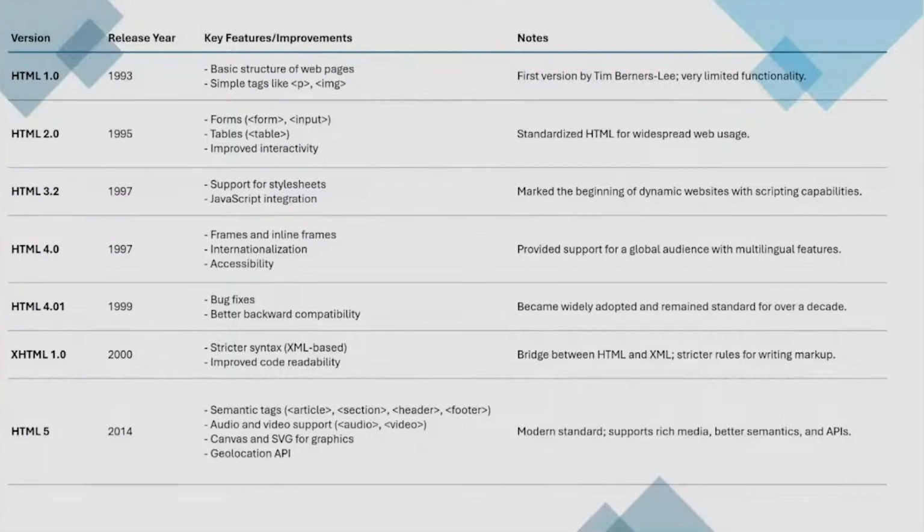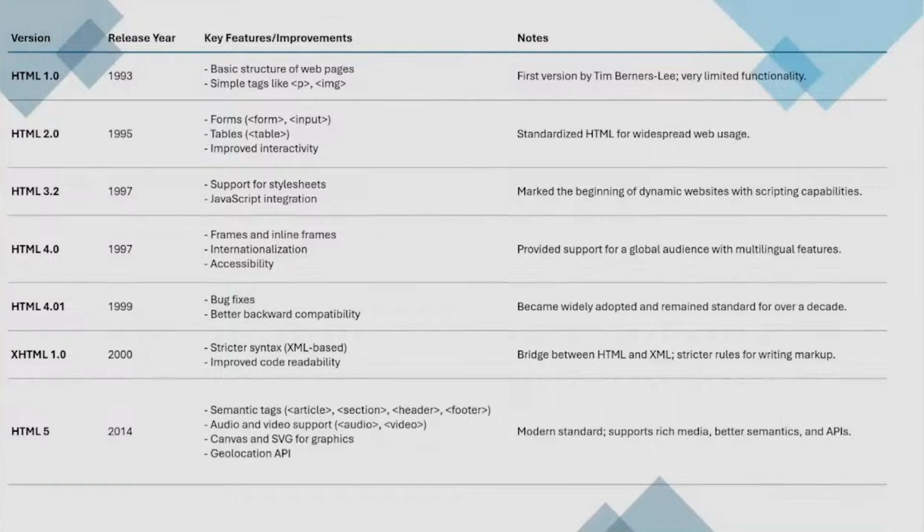And from HTML 4.0, they invented frames, so that we can divide the web page into different frames and put the data. Before that, it was not possible. From 1999 and 2000, a very strict syntax was developed.